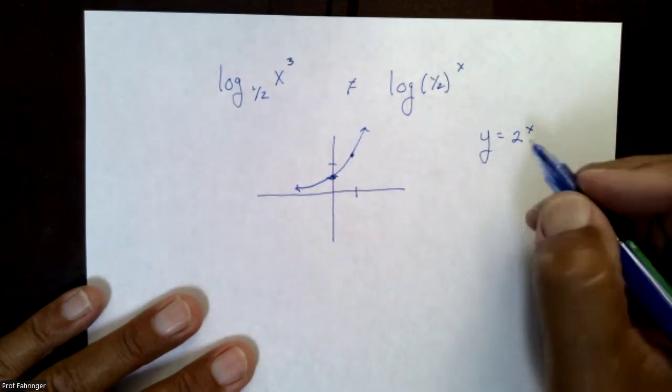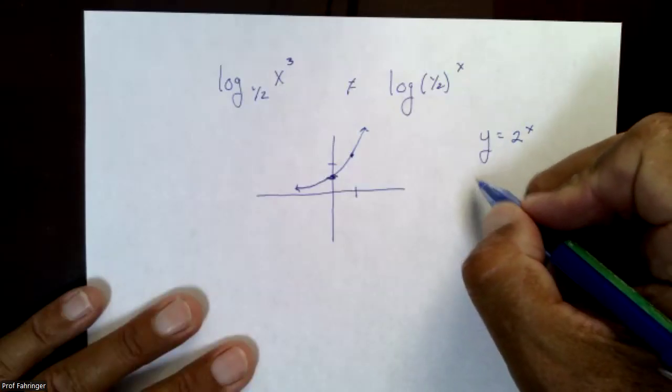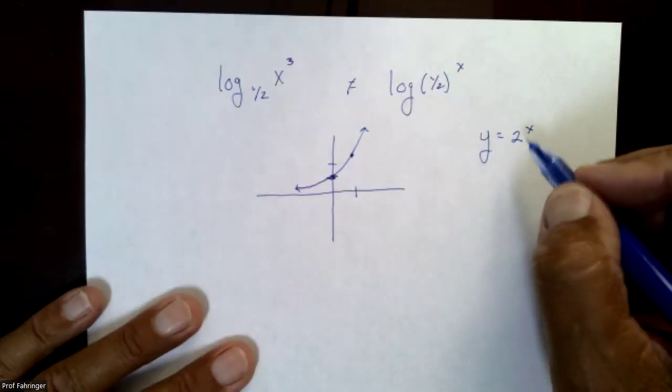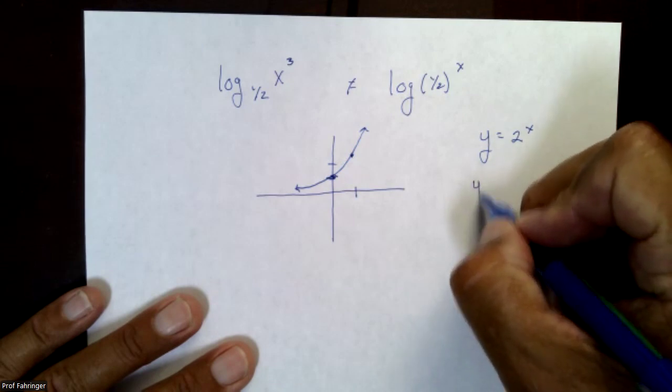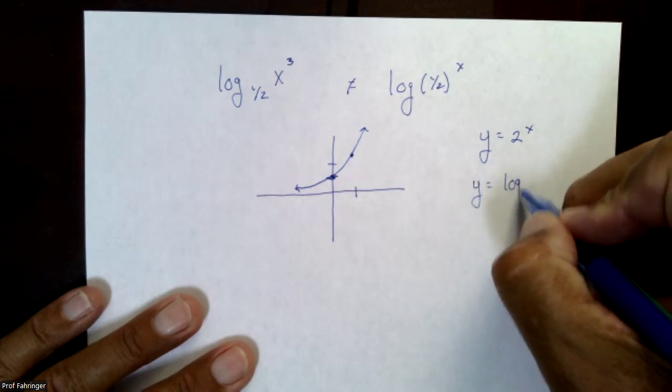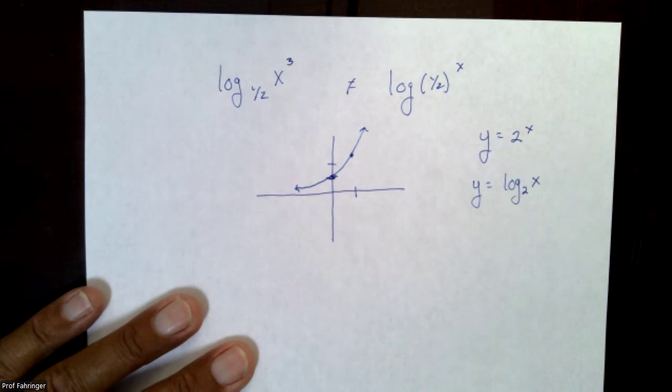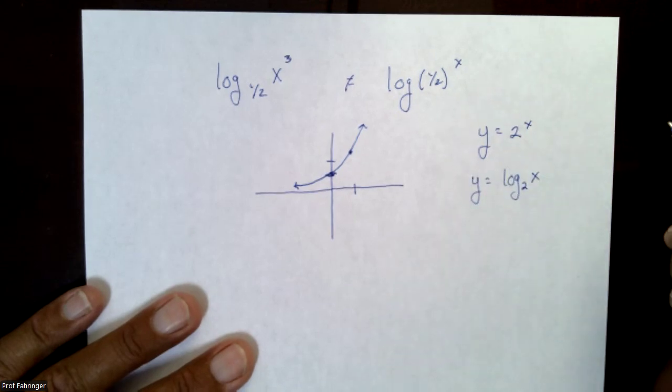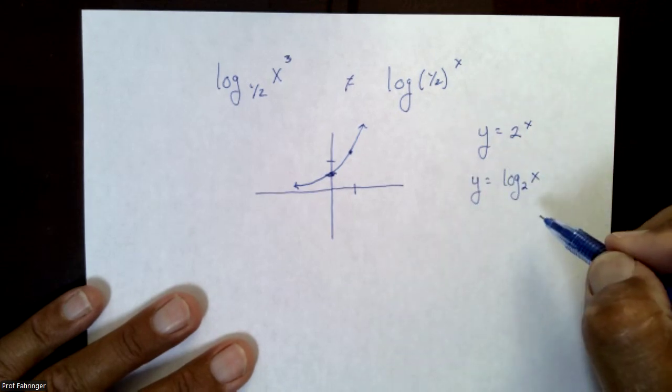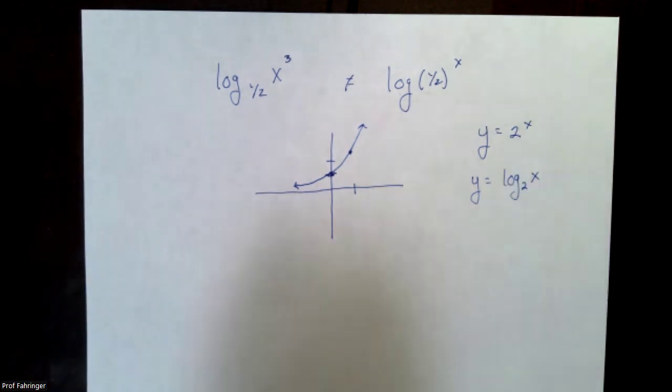When we got into logs and we swapped the x and y, y equals log base 2 of x was a graph that looked like, do you remember? Went up the middle and over to the right.